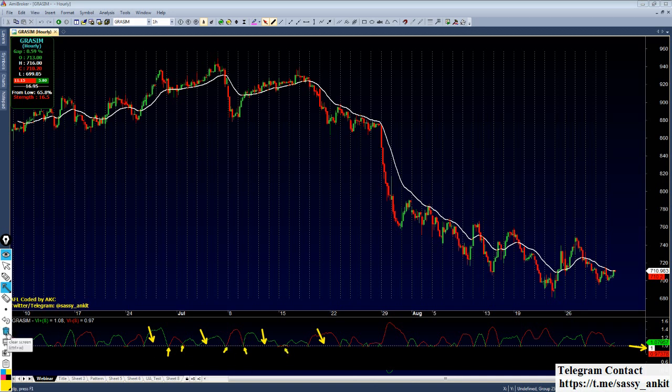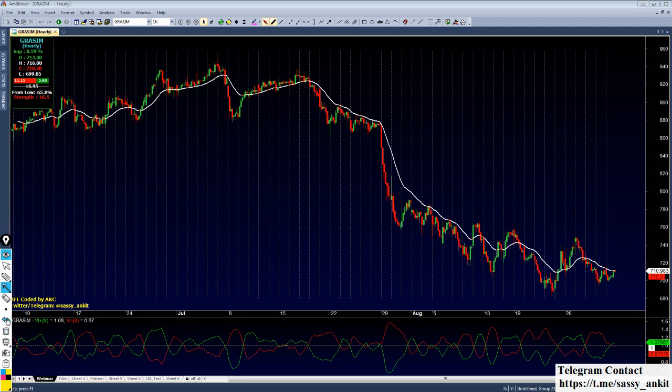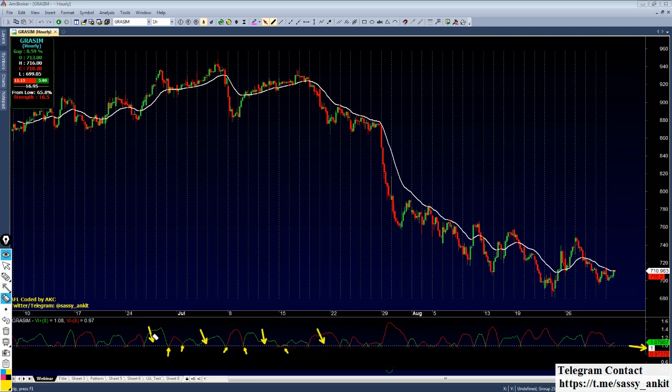Vortex has two lines, a green one and a red one, like that. So when we have the green above 1, I am expecting a bullish trend to go on.